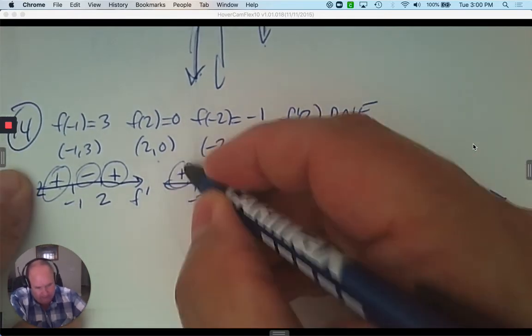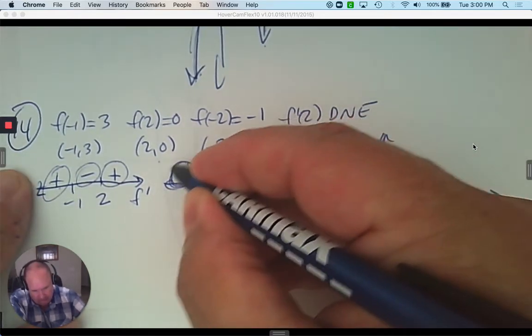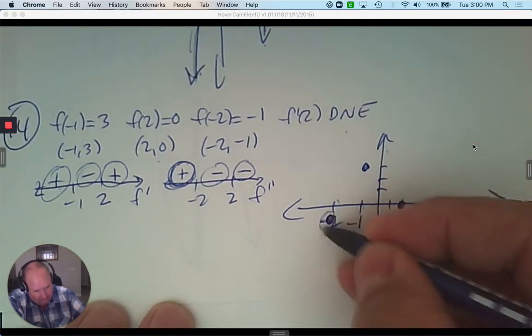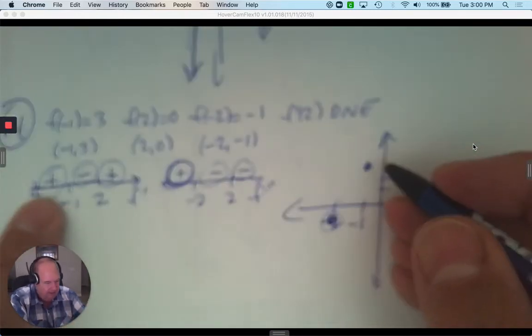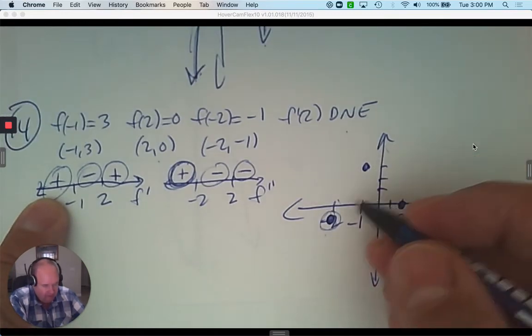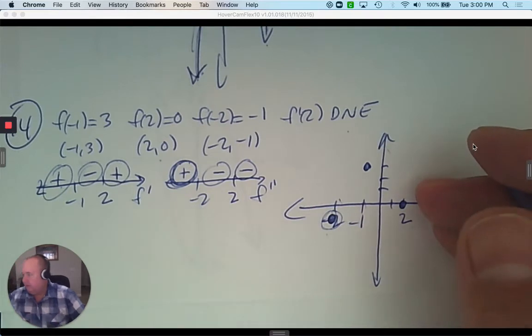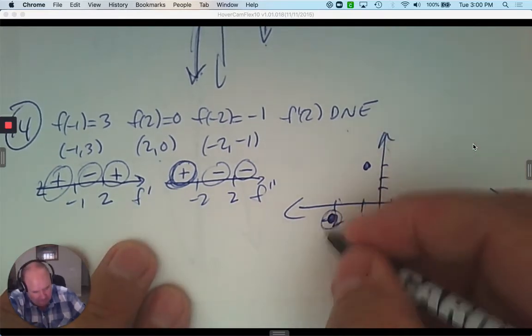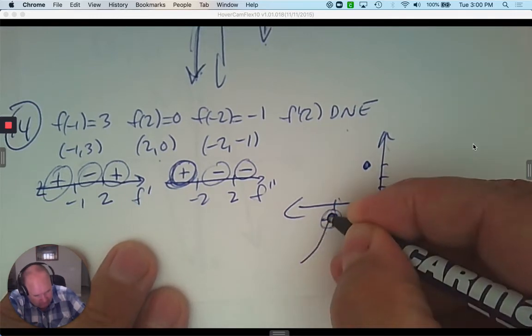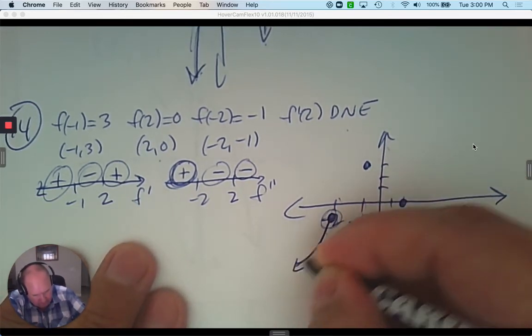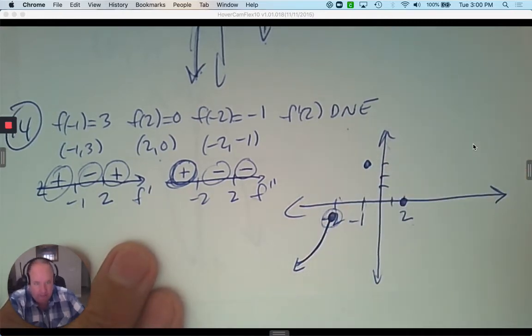To the left of -2, it is concave up, and it's increasing. So concave up and increasing. So it smiles, kind of a half smile.